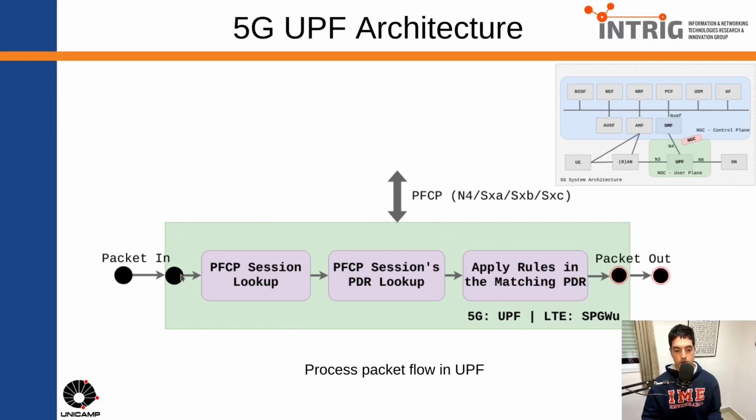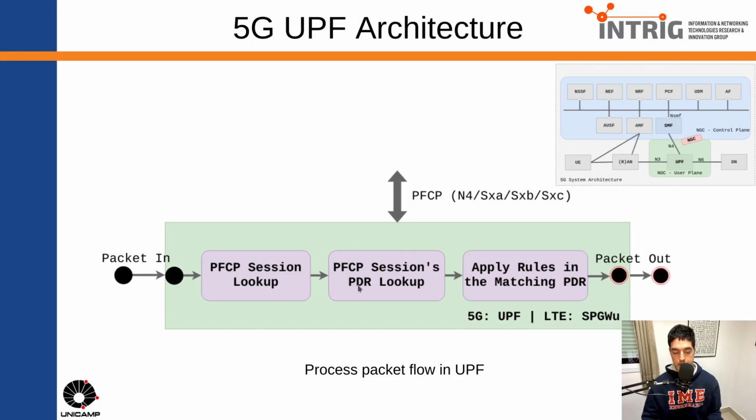And when a packet arrives, three main blocks are executed. So first of all, it will look if there is any PFCP session related to that packet. If there is any PFCP session, it will pass to another block that will find the PDR.